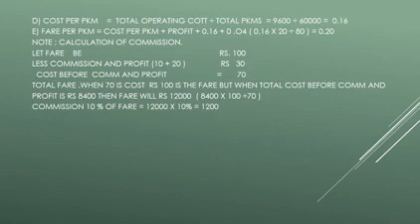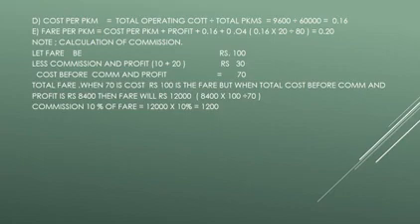It is to be divided by total passenger kilometer, already calculated 60,000. So 9,600 divided by 60,000 is equal to 0.16. 0.16 is the total operating cost per passenger kilometer.